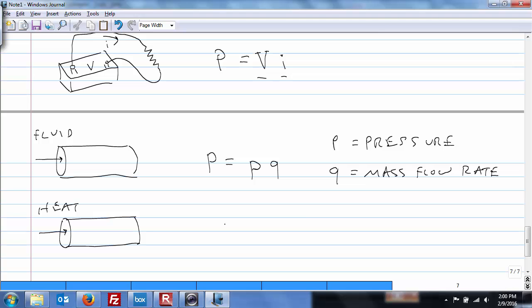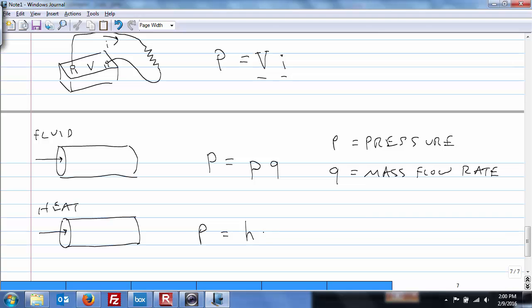Okay, so again, think of it this way. The more pressure you have and the faster the fluid is flowing, the more fluid power is flowing through the system. No surprise there. Same thing here. Power equals, and in this case, it's just going to be the enthalpy, and I'll define what enthalpy is shortly. And again, times the mass flow rate. In this case, I'm going to write it a little bit differently.